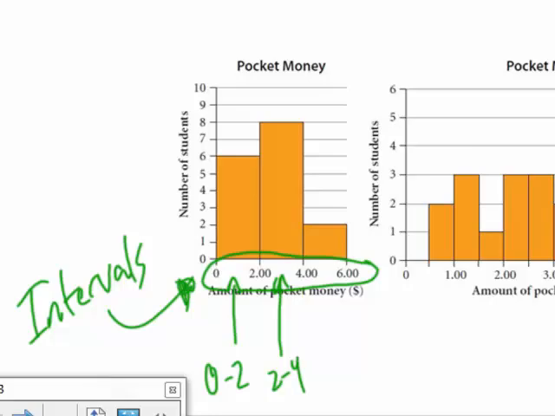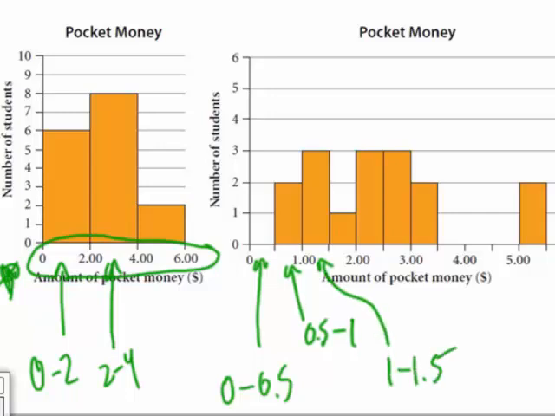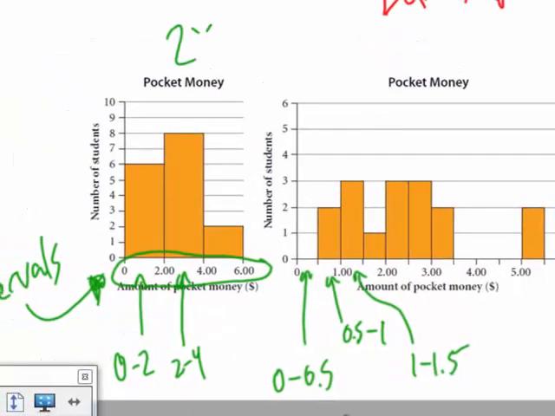Whereas in the other graph, our bins are only 0.5 as wide. So this is from 0 to 0.5. Our next bin is from 0.5 to 1. Our next bin, right, 0.5 more, so 1 to 1.5. Are we seeing that? So our first graph counted by 2s. Our second graph counted by 0.5s.